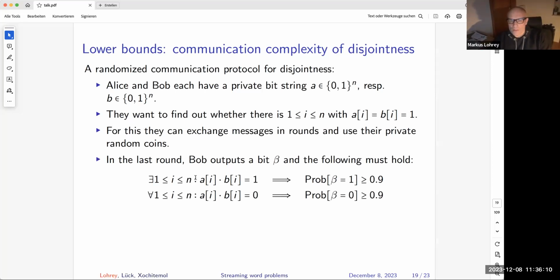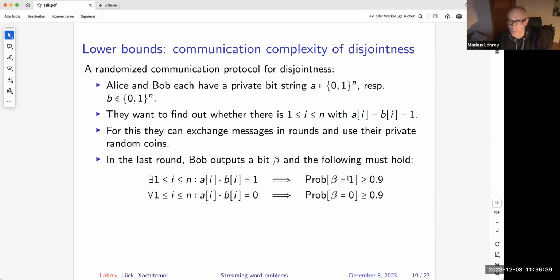And the following must be true. If the disjointness property does not hold, so if there is a position i such that A and B both have a 1 at position i, I can simply say the product A_i times B_i is 1, then the probability that the output of Bob is 1 is high, 0.9.